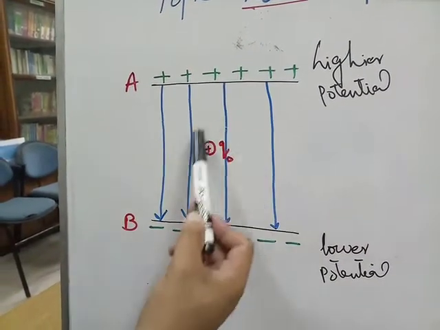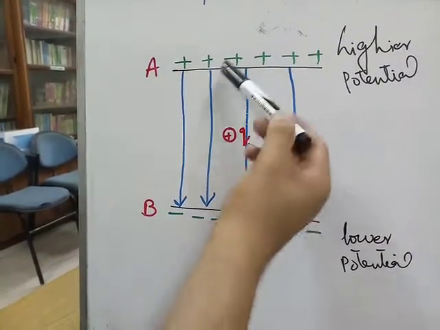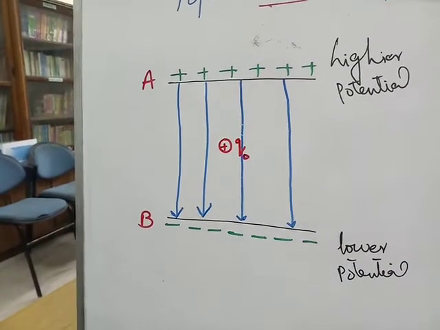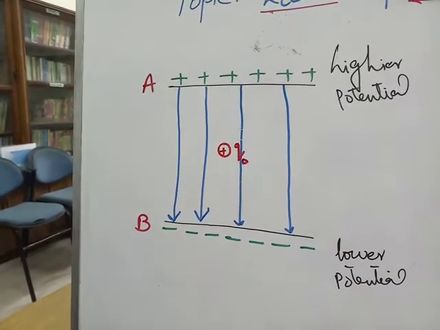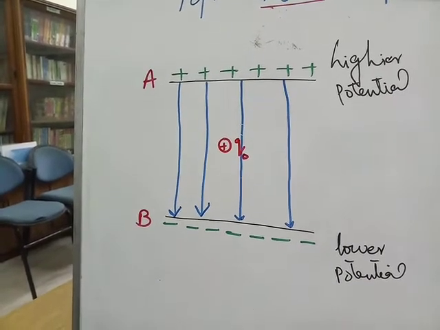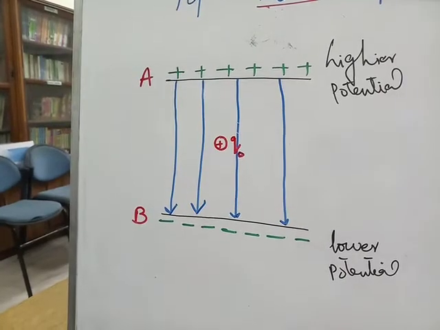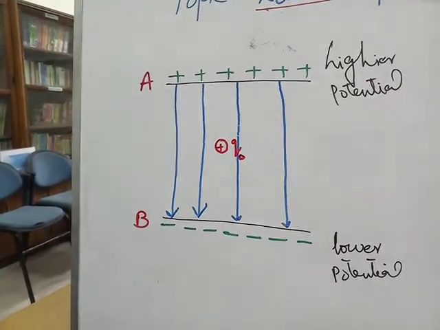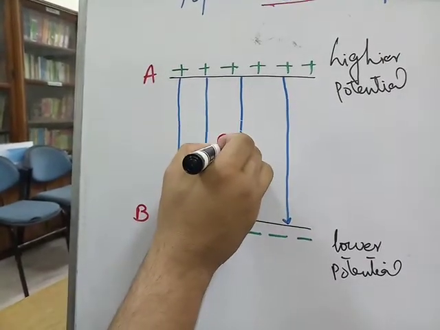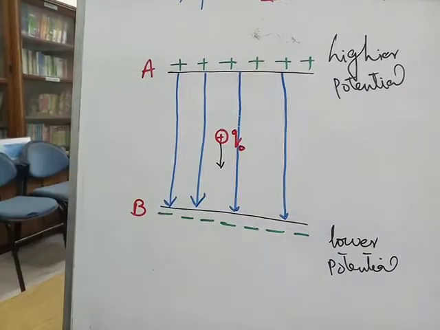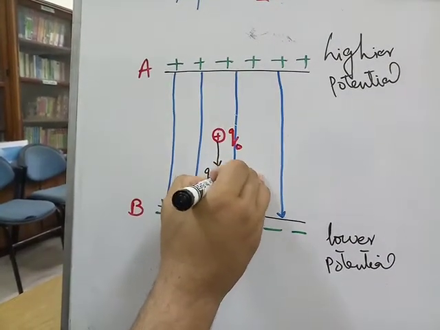So this charge Q naught moves in the direction of electric field lines. We can say that there will be no work done if the charge is allowed to move freely along the electric field lines. So this charge will move from plate A to plate B with the force Q naught E.